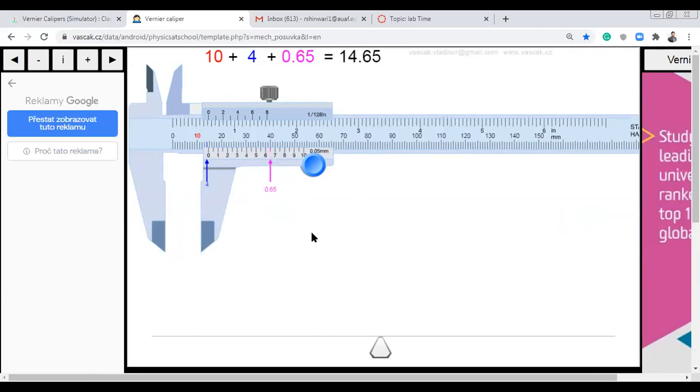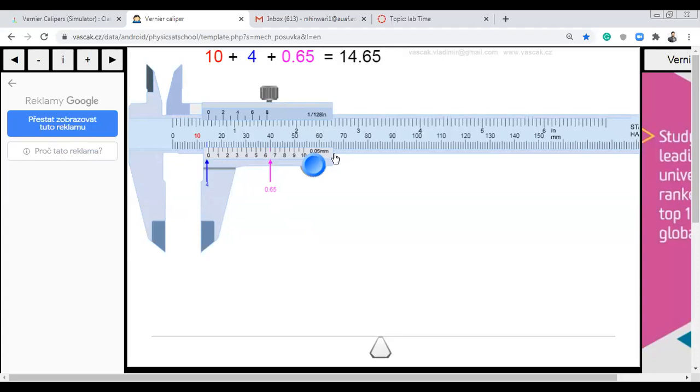Then you need to multiply 6.5 with the least count. Let's suppose for this example, for this device, the least count is given as 0.05 here. So when you multiply 6.5 with the least count 0.05, it equals 0.32.